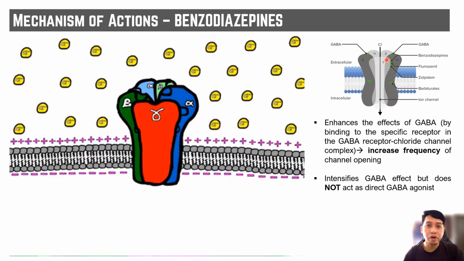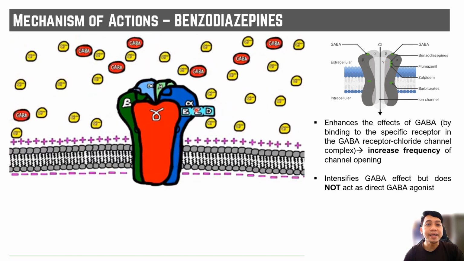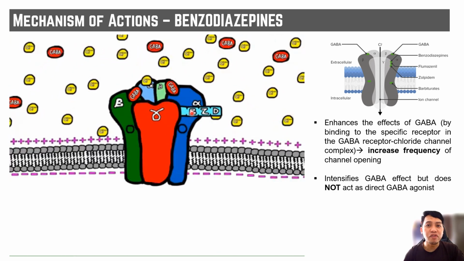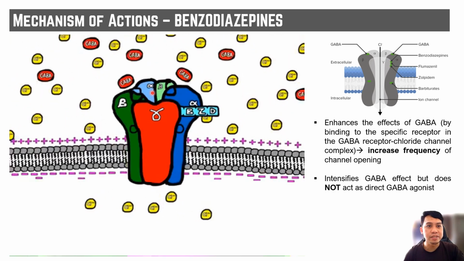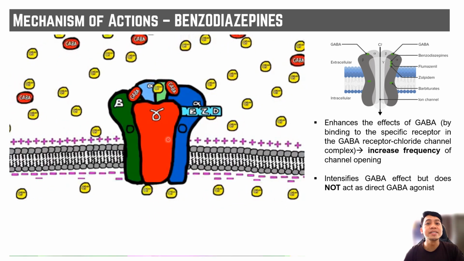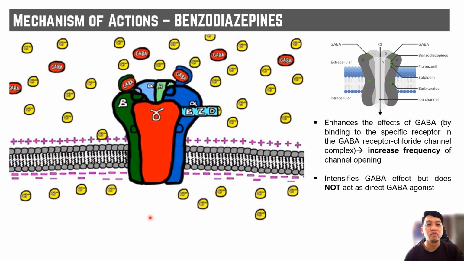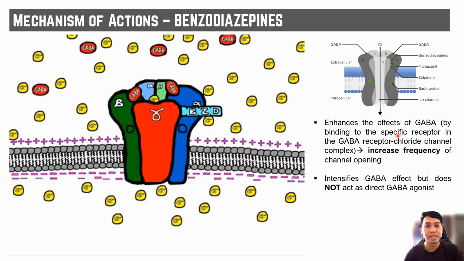As I mentioned before, benzodiazepines can cross the blood-brain barrier and act very selectively on the alpha subunit of the GABA receptors. The binding effect of benzodiazepine is to enhance the response to the GABA neurotransmitter by facilitating the opening of GABA-activated chloride channels.